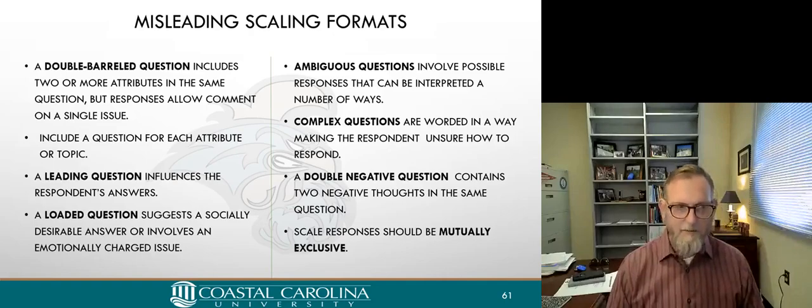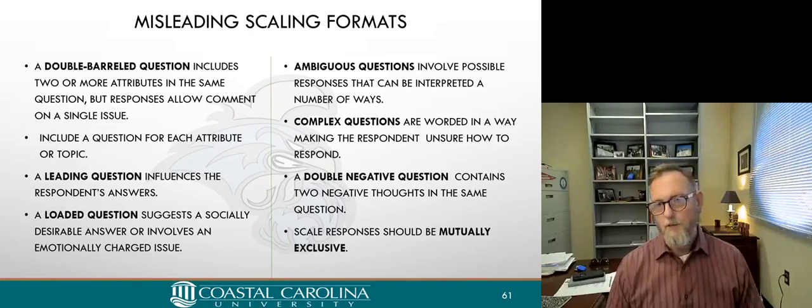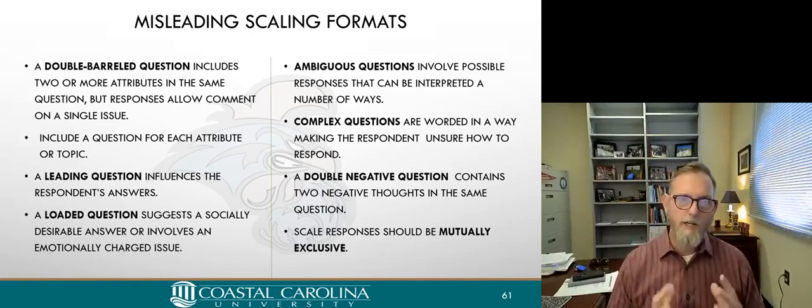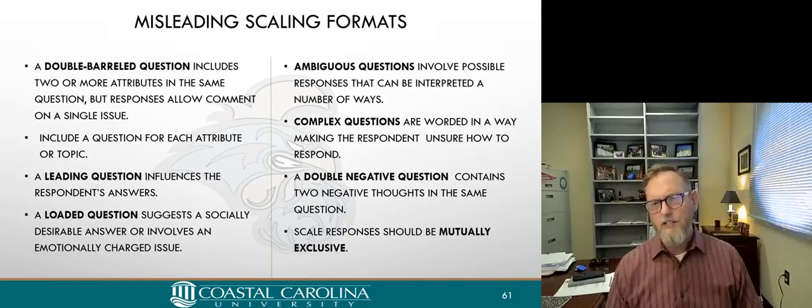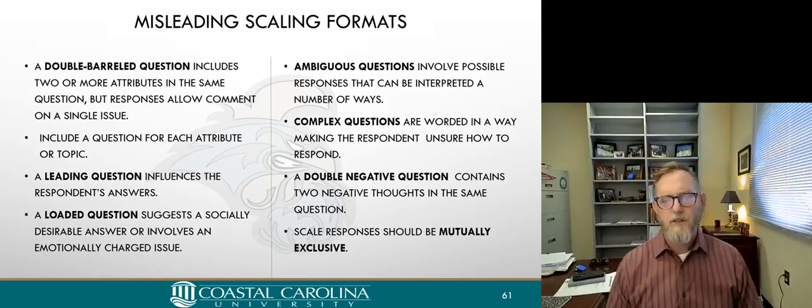So we'll talk about double-barreled questions, which are when we have two questions in one statement. So that's a challenge. Leading and loaded questions. When we lead somebody, we guide them towards the answer that we want them to make as opposed to the answer that they should make. Ambiguous questions, questions that are going to be hard to answer, questions that are overly difficult to understand for your audience.